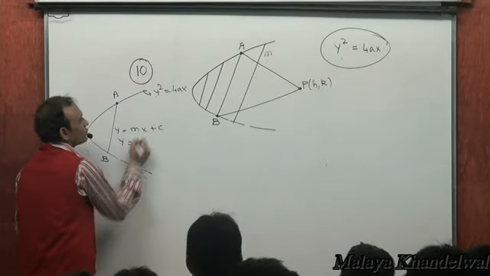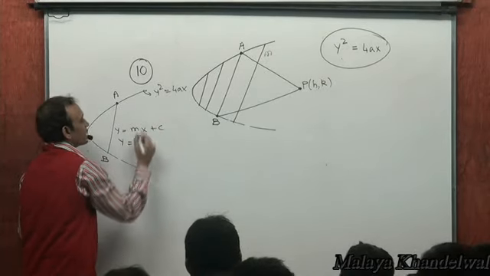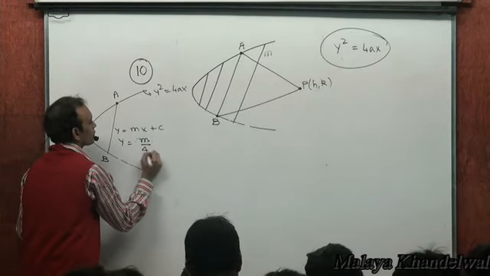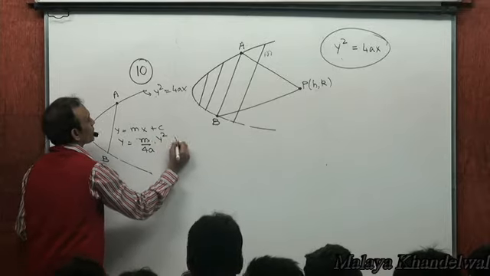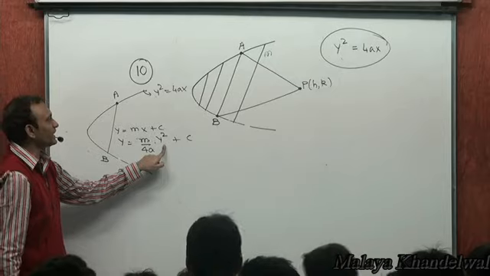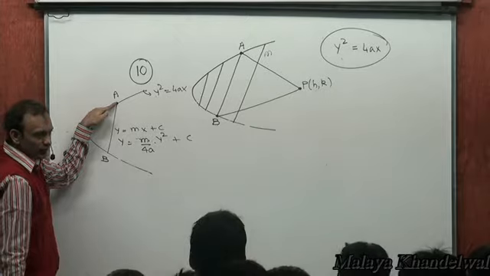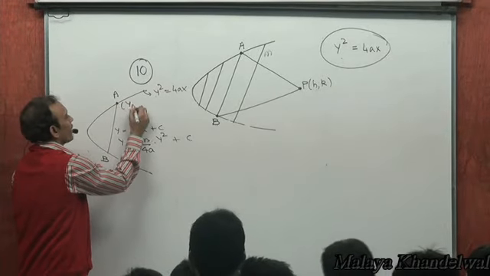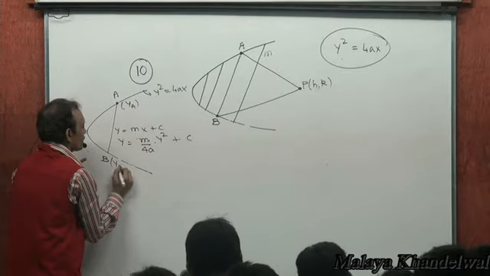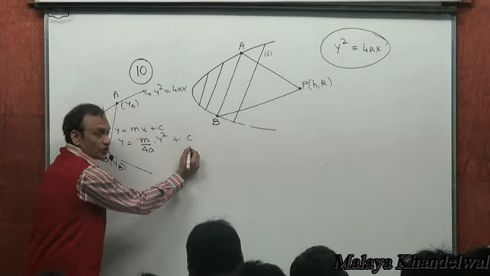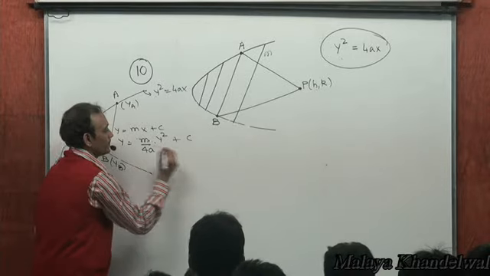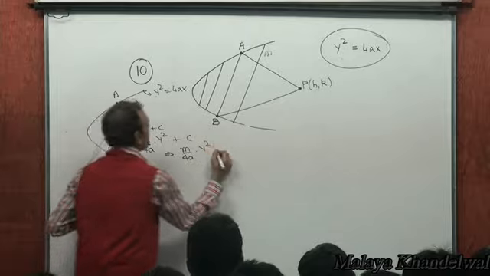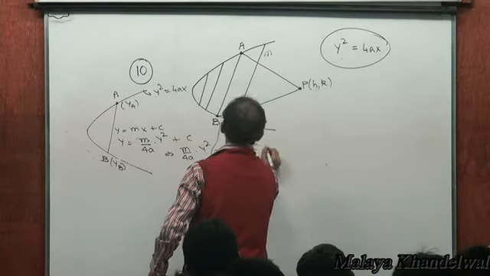So when I solve these two equations, x can be written as y squared by 4a, which is equal to y by m minus c by m, which is a quadratic in y. One value of y would be ya, the other value of y would be yb, right? ya and yb will be the roots of this quadratic: y squared by 4a minus y by m plus c by m is 0.